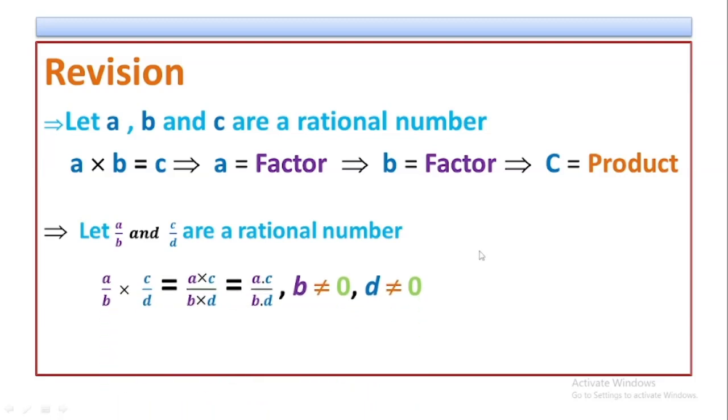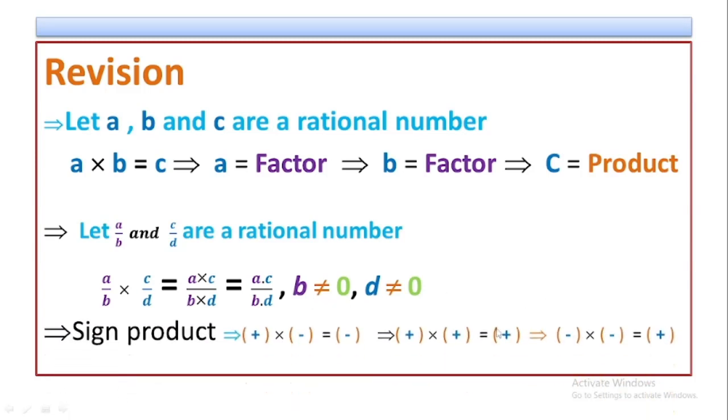Let A over B and C over D be rational numbers. A over B times C over D. To find the product of the two fractions, multiply the numerators first and second multiply the denominators, but the denominator must be different from 0.